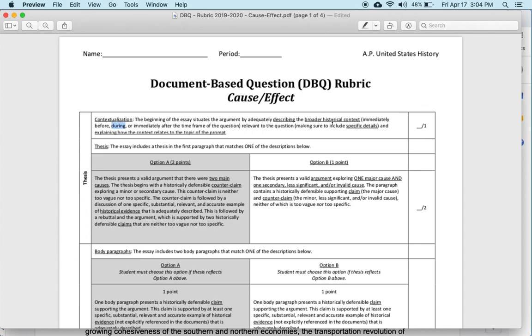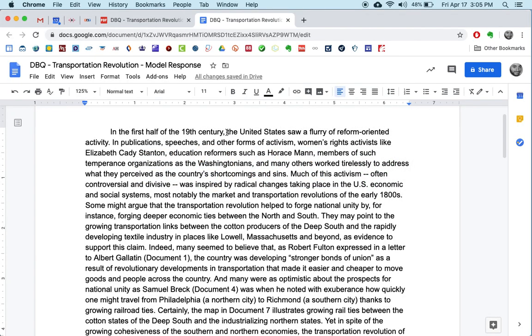I use some specific details, like talking about Elizabeth Cady Stanton and Horace Mann, and I explain how that relates to the topic, because I can't just throw something out there and move on. I have to connect it in some way to the transportation revolution, and that's what I do, and it doesn't take much to do that. Much of this activism was inspired by radical changes taking place in the US economic and social systems, because it's true, it was.